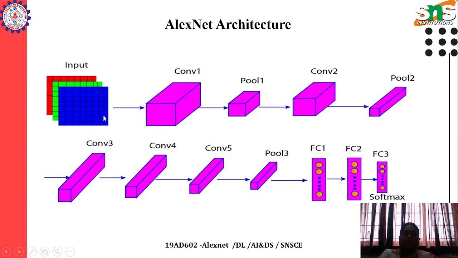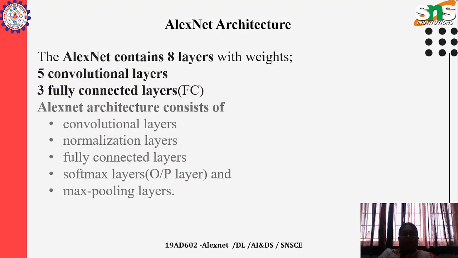Here is a grid which is going to be the input to the first convolutional layer. Next is a pooling layer, convolutional layer 2, pooling layer 2, layers 3, 4, 5, then pooling layer 3. Next are the fully connected layers 1 and 2, and the third one we call the softmax. So these are the layers present in the AlexNet architecture.